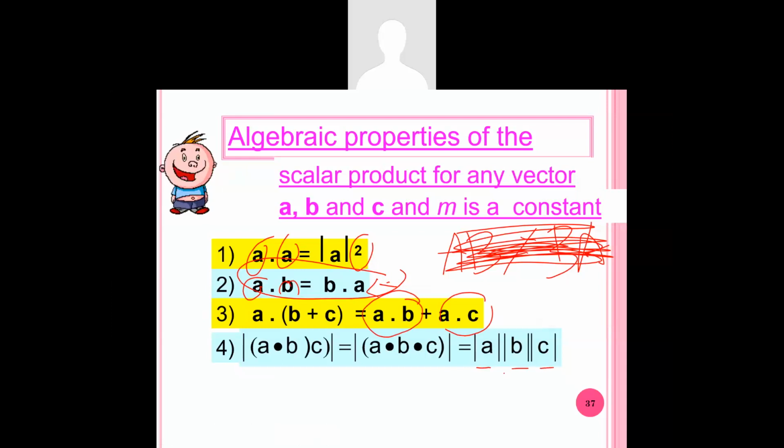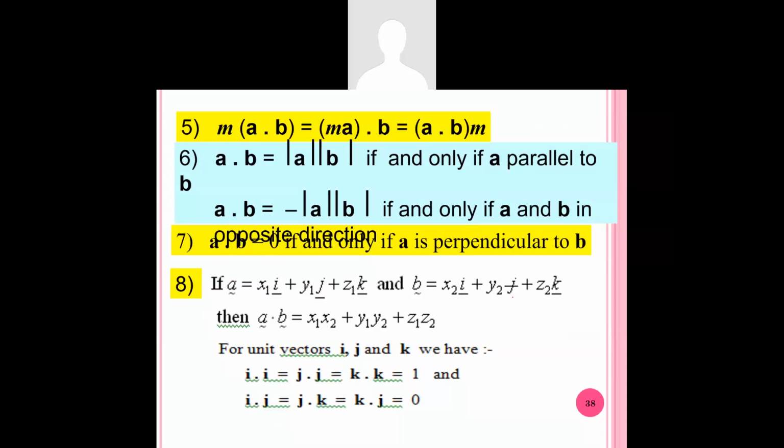And if you have a constant M, the constant can only be multiplied to one of the vectors, not both. Only one of them. So M multiplied by A, then we take the dot product with B, or M multiplied by vector B, then we take the dot product with A, is also fine.